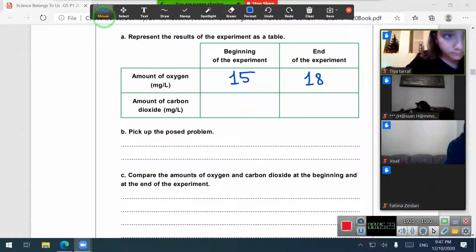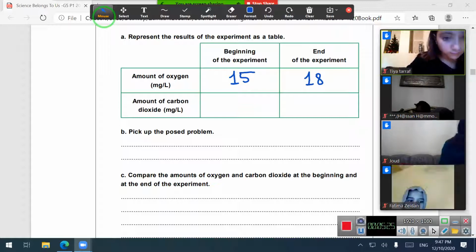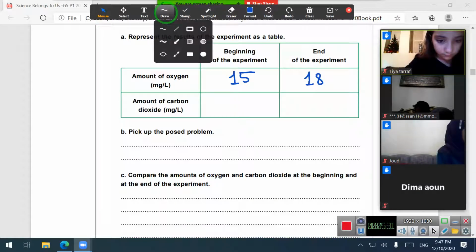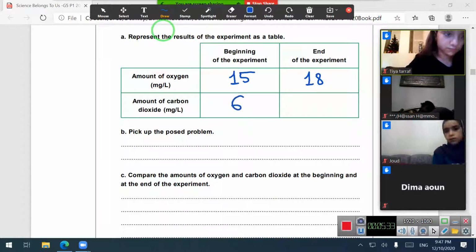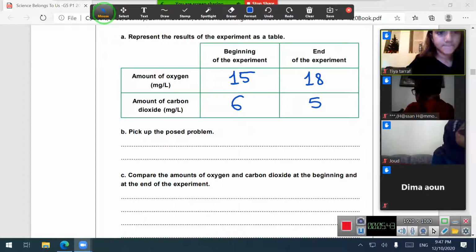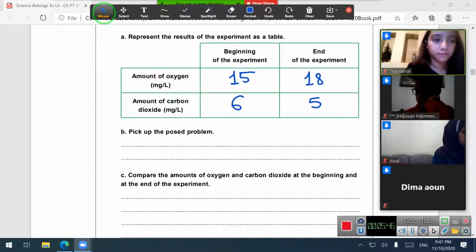Okay, Ali, can you continue please? What was the amount of carbon dioxide at the beginning of the experiment? At the beginning of the experiment, the amount of carbon dioxide was 6. What does it become at the end? At the end of the experiment, the amount of carbon dioxide becomes 5. Excellent, it decreases to 5 because it is absorbed during photosynthesis.